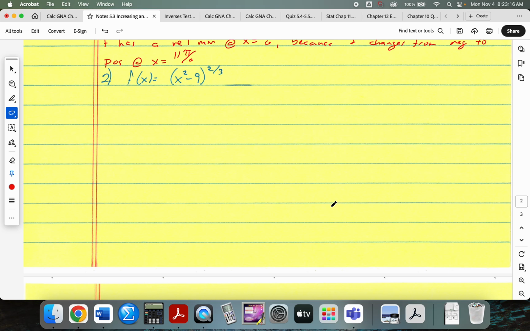All right, let's move on to this one. This is a function where I'm like, I don't know what that function looks like. But I'll take the derivative, f prime of x is 2/3 times x squared minus 9 raised to the negative 1/3 power times, because we all believe in the chain rule, 2x.